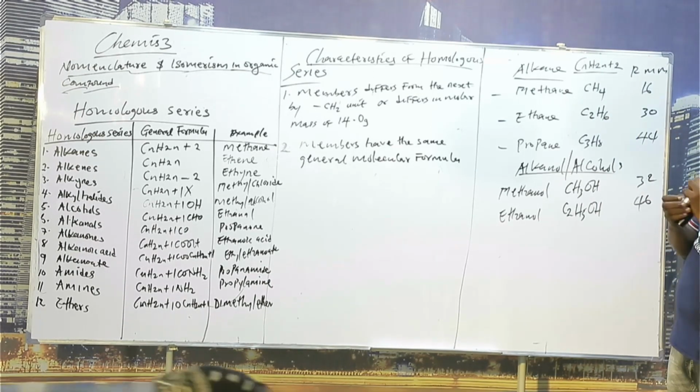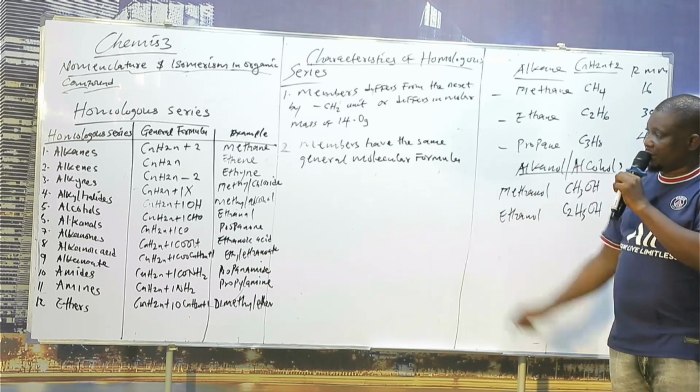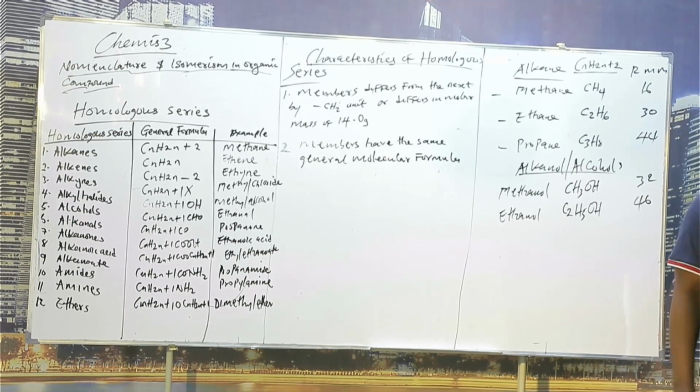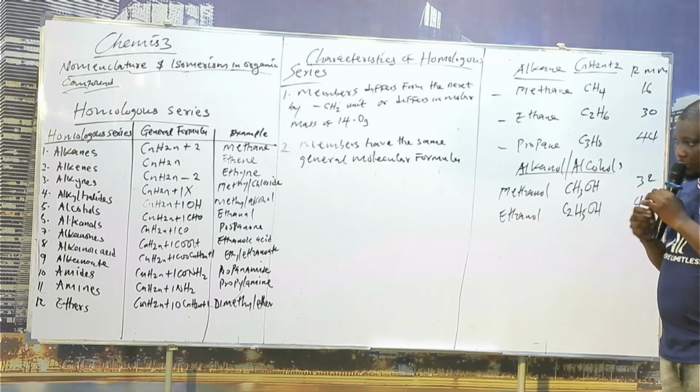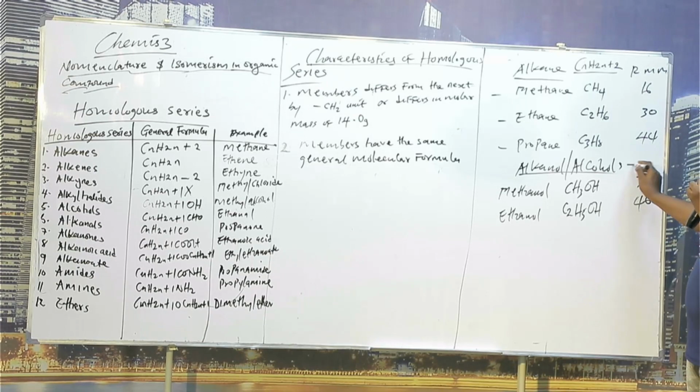Are you with me? Even the general molecular formula of the alcohols is what? CnH2n plus 1 OH. All members will tend to follow suit. Members have the same general molecular formula.